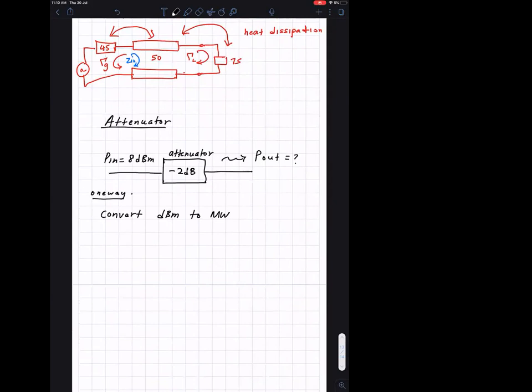So how do you convert P in? I want to convert P in from dBm to milliwatts. So 10 log P in divided by 1 milliwatt is equal to 8 dBm.